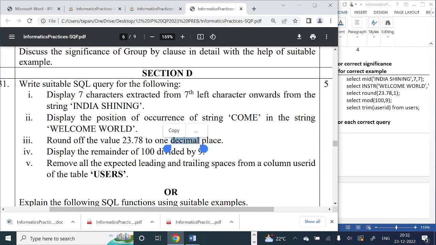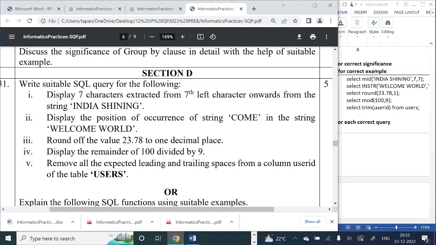So here you can use select mid, or select substring. Then in bracket the arguments will be India shining, comma 7, comma 7. From 7th character, 7 characters we have to count. So 7, comma 7.